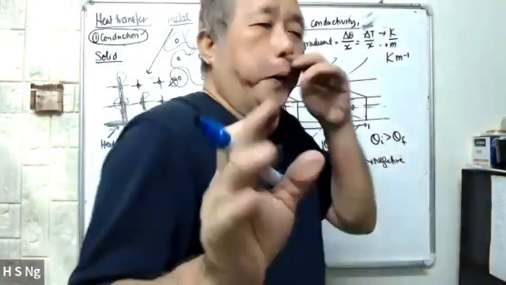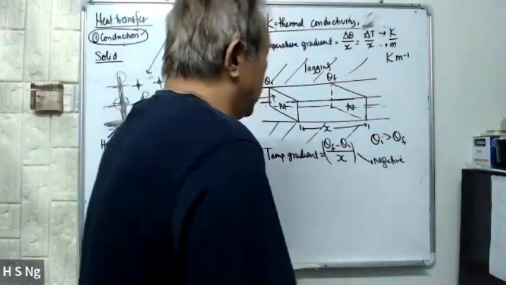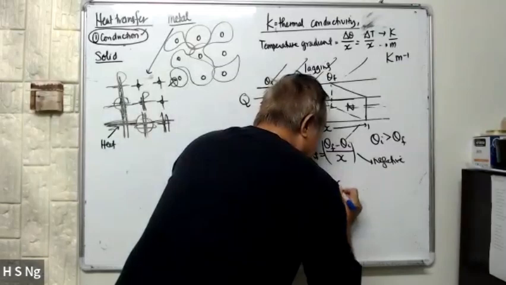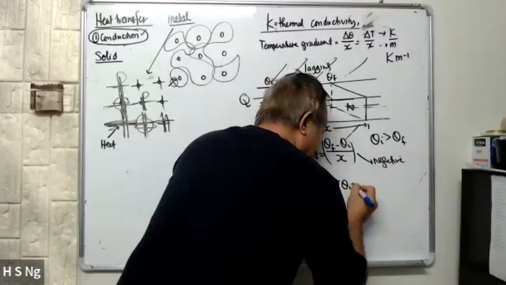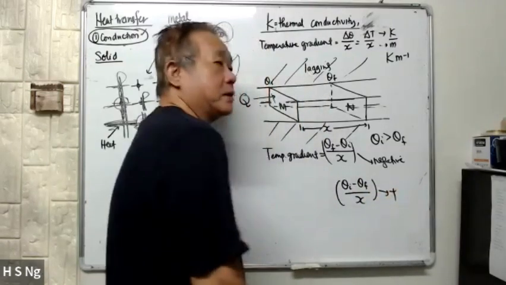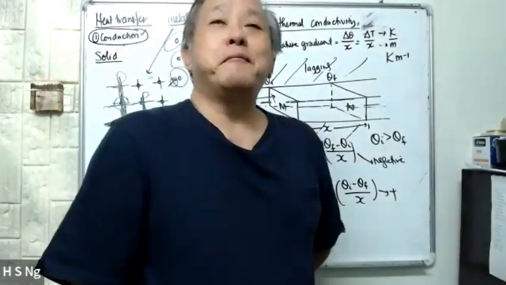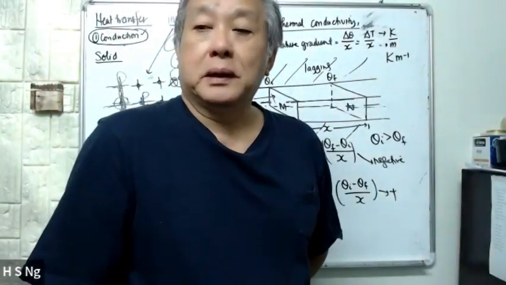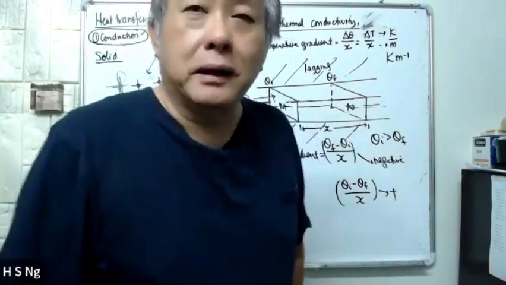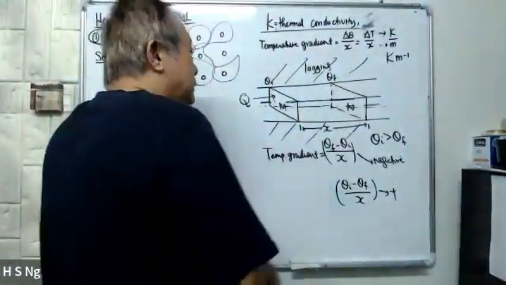But in calculation, try to avoid this. In calculation, we will reverse it and use this, so that we get a positive value. So we are going to use the magnitude of the temperature gradient. Don't use negative.